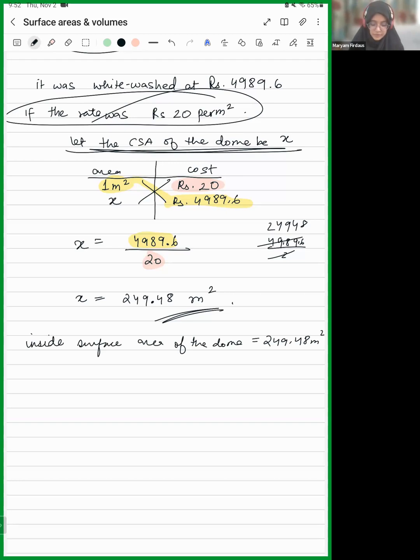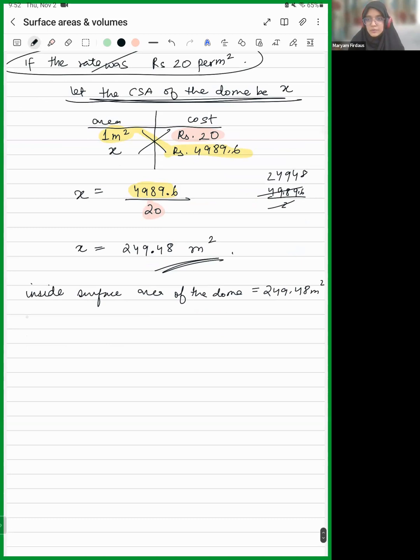Now the second part of the question. It's asking you to find the volume of the air inside the dome. How will we do this? We did a very similar question in the previous class.